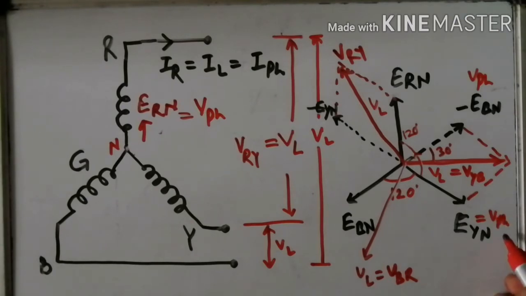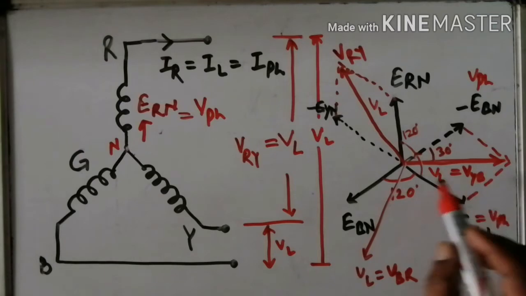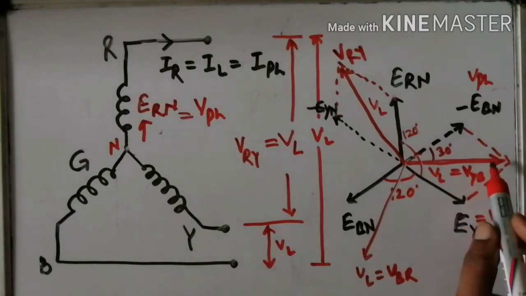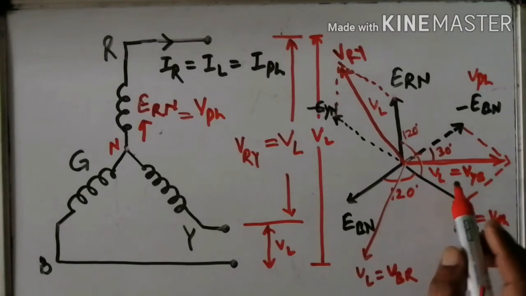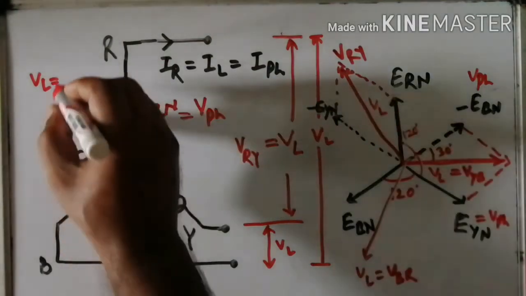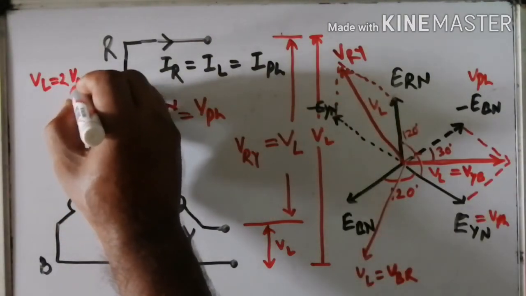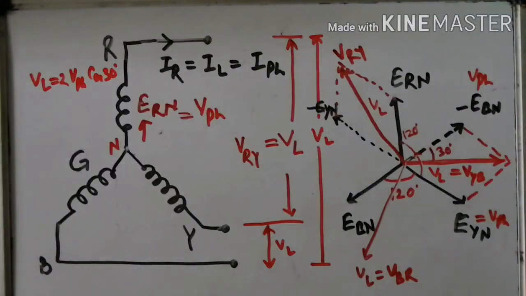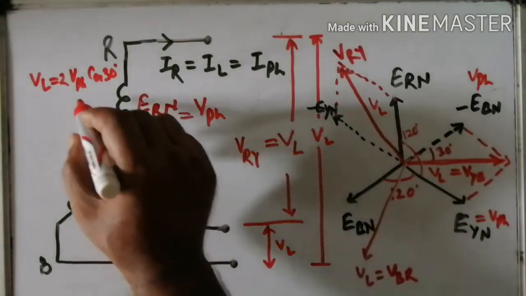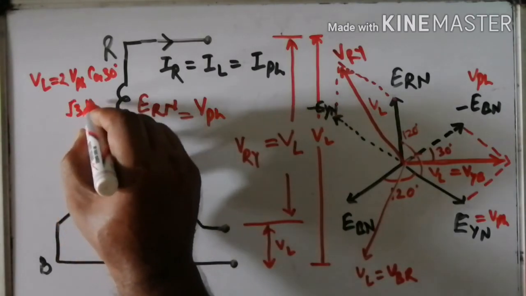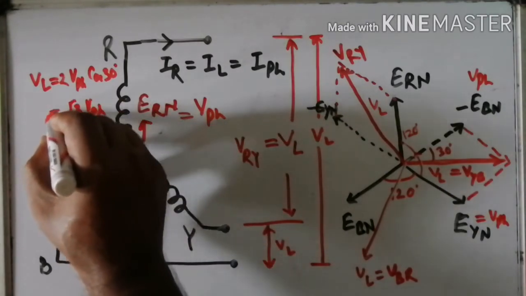So the cos component of EPH in this direction and the cos component of this EPH in this direction is nothing but EL. That's why EL is equal to 2 times EPH into cos theta, that is cos 30. We know that cos 30 is root 3 upon 2. So the 2 is cancelled by the 2. It is root 3 EPH, it is EL.